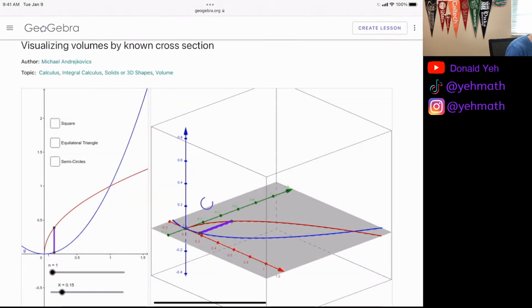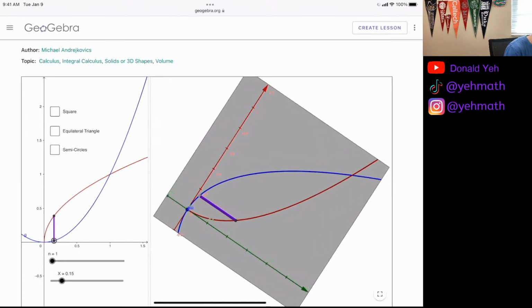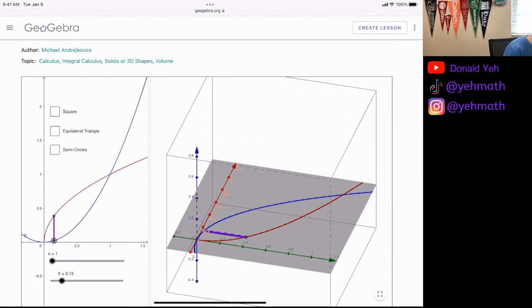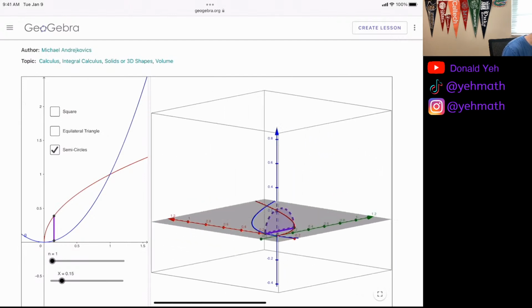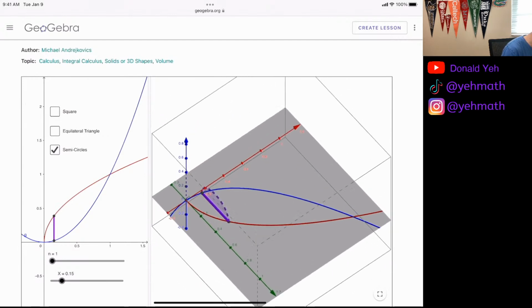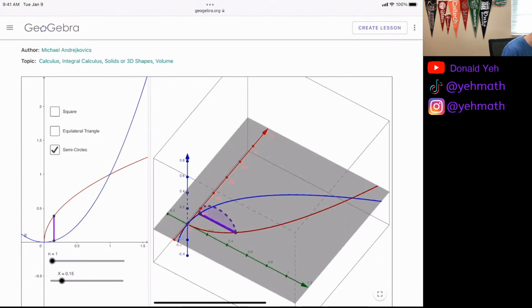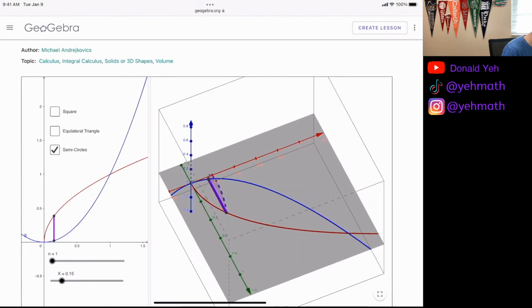Okay, do you guys remember this? So this is a cross section. This is not rotation. Make sure that's not rotation, right? It can usually give you a square, equilateral triangle, or a semicircle, but this is cutting it into an infinite number of pieces.